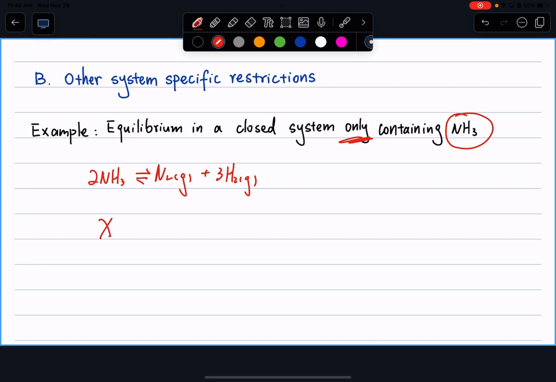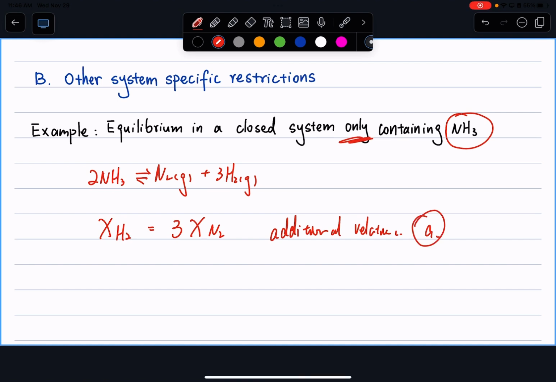For example, your mole fraction of H2 will always equal 3 times the mole fraction of N2. So for every molecule of N2 produced, 3 more of your hydrogen is being produced. So that's a stoichiometric relation, or 1 degree of freedom that's being added. And we call it A.